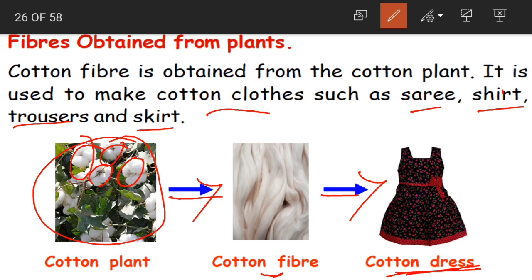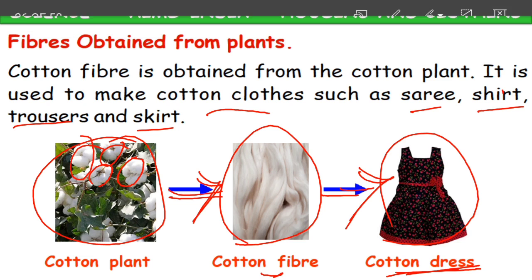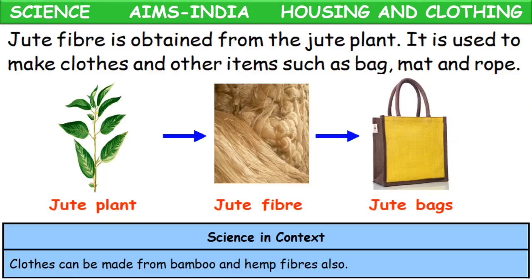See here in the picture, it is very clearly shown. Cotton is turned into cotton fiber, then into a cotton dress. According to the cloth and the dress, we prepare it using cotton. Clear, children?